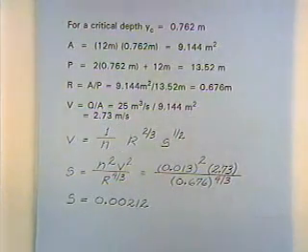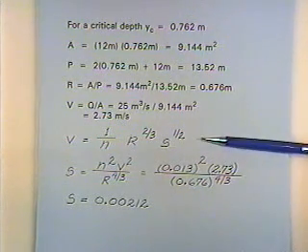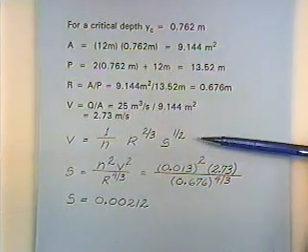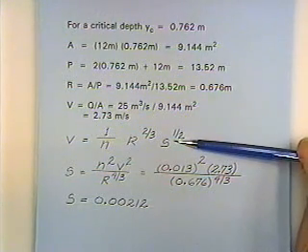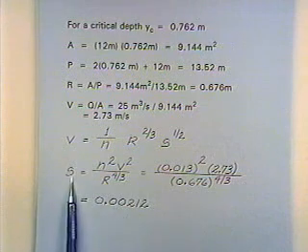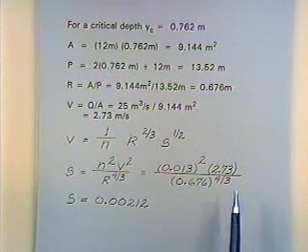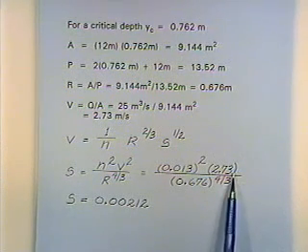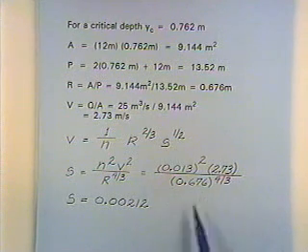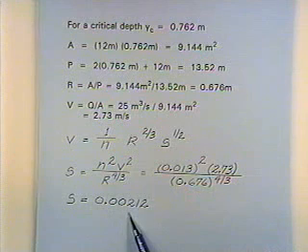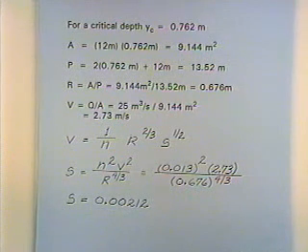And so having computed these terms, I can plug into Manning's equation. And so here's Manning's equation from last week, and we know everything now except the slope. And so I'll solve for the slope, plug in the roughness coefficient, plug in the velocity I've just computed, plug in the hydraulic radius I've just computed, and I get a slope of 0.00212.